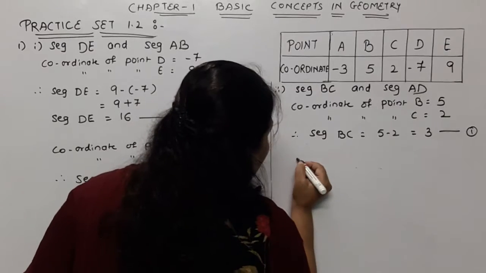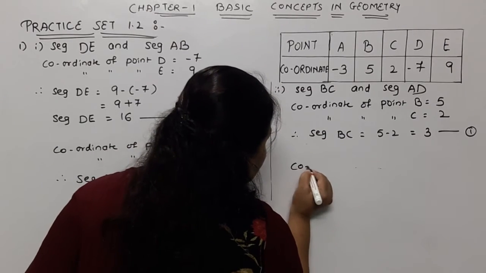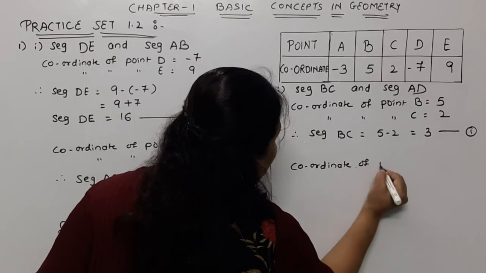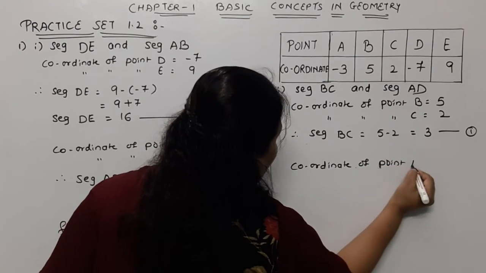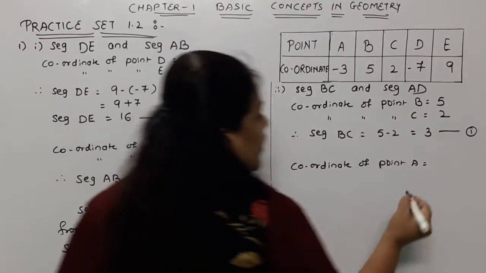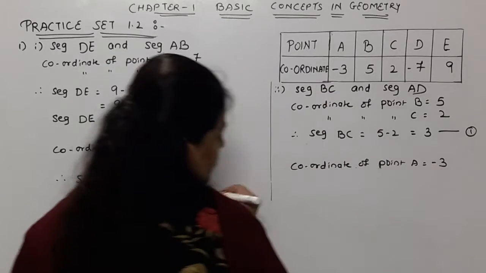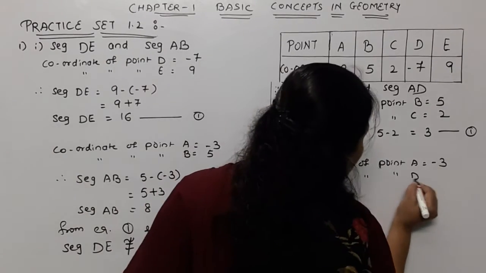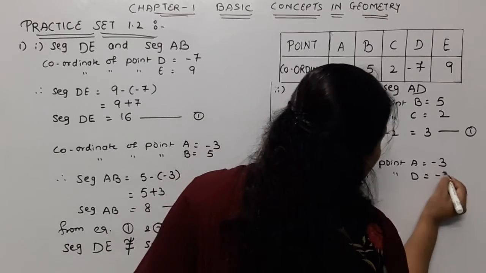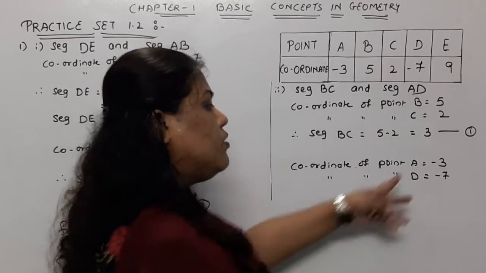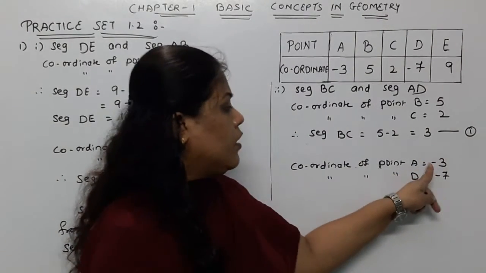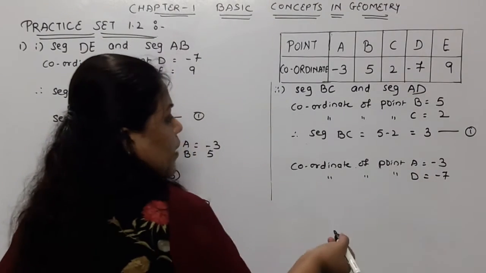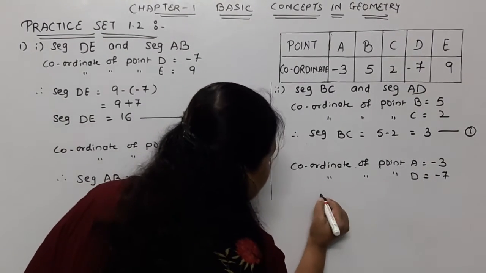And for AD, coordinate of point A equals -3 and coordinate of point D equals -7. As both the values are negative, here -3 is greater than -7. So we'll subtract -7 from -3.